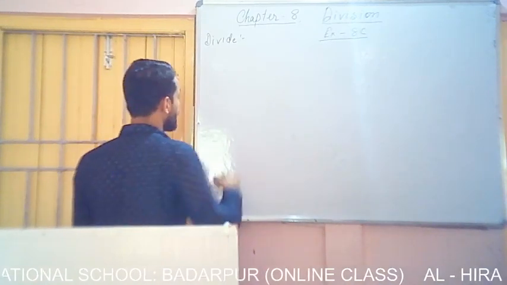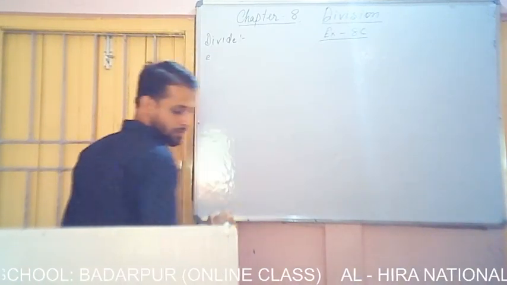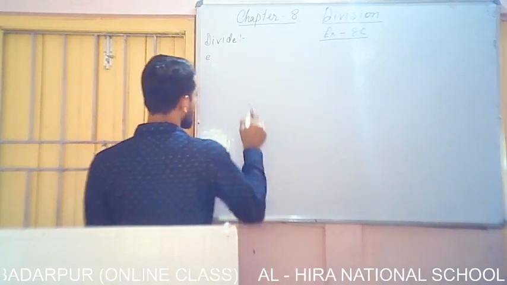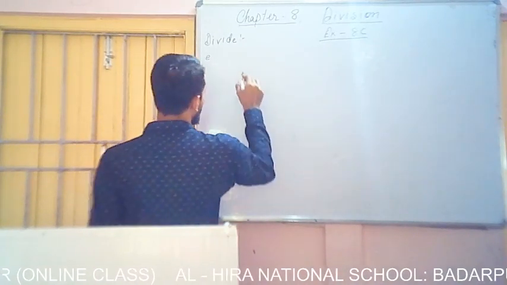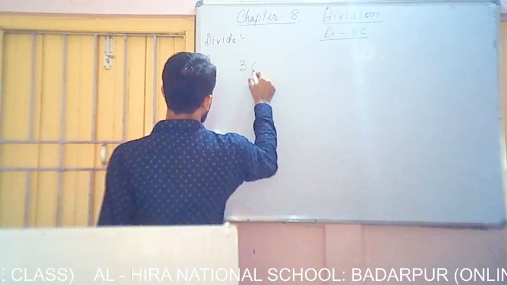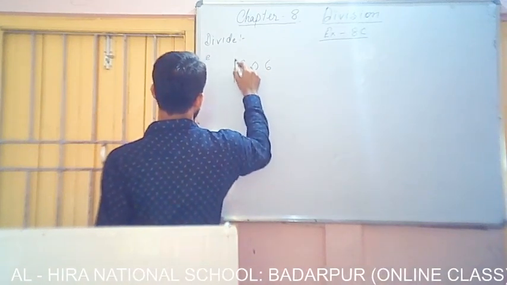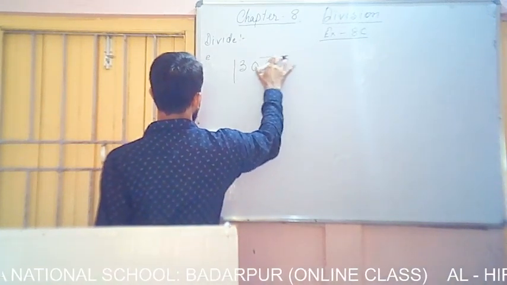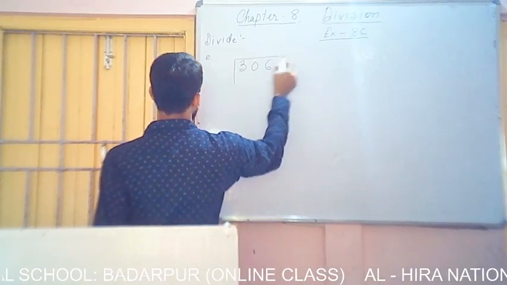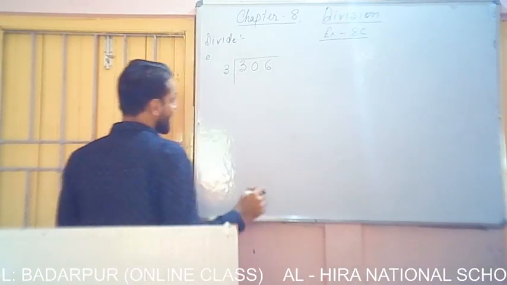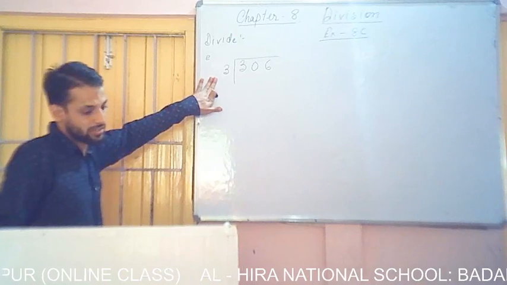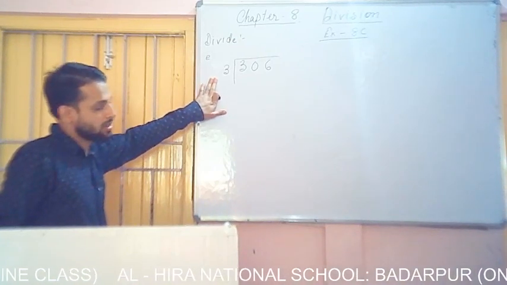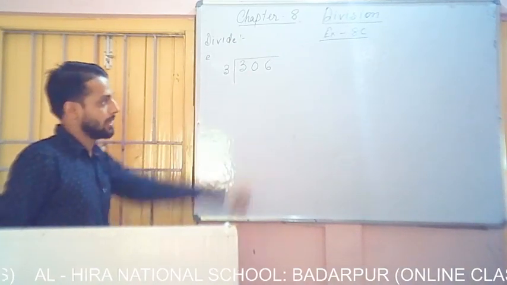Now question number e. Question number e is 306 divided by 3. Here 3 is the divisor and 306 is the dividend.